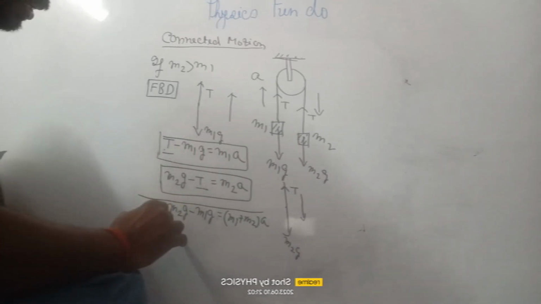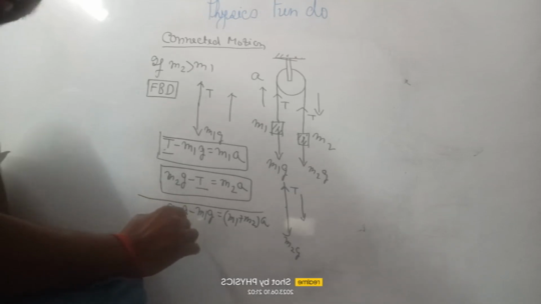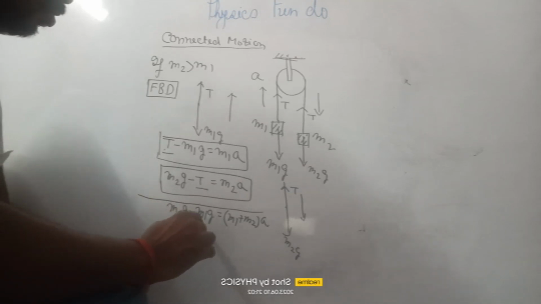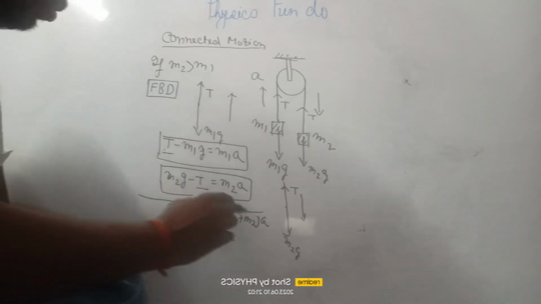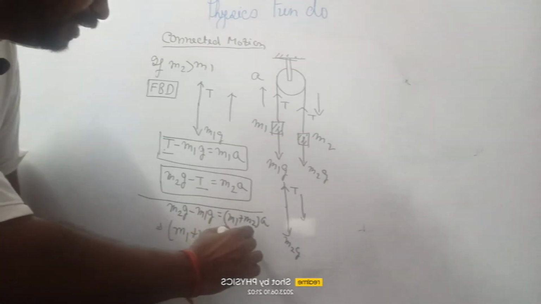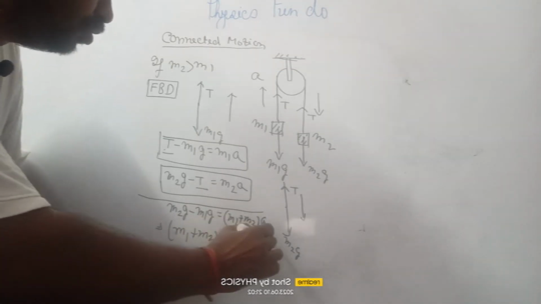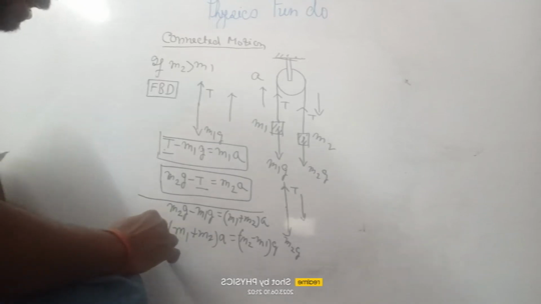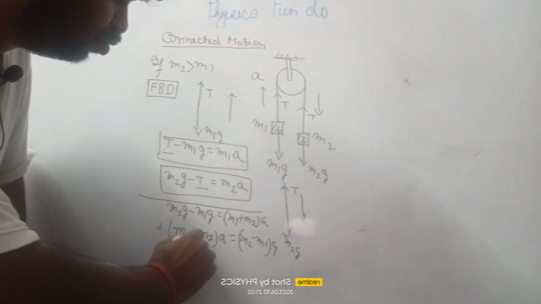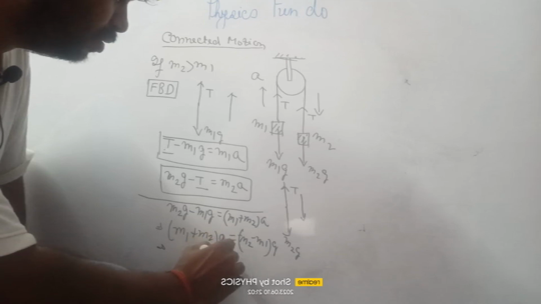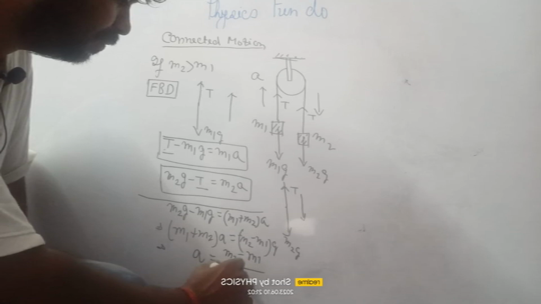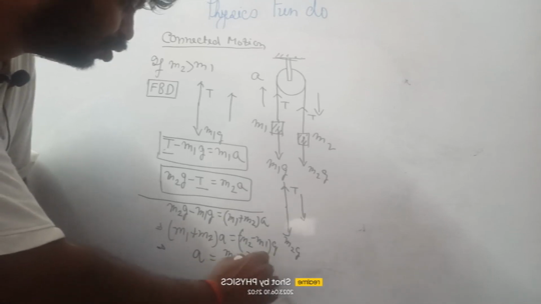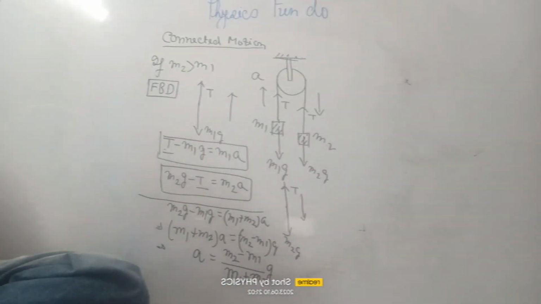Now here (m1 plus m2) a is equal to (m2 minus m1) into g. So we have a equals (m2 minus m1) by (m1 plus m2) into g, which is the uniform acceleration of the blocks.